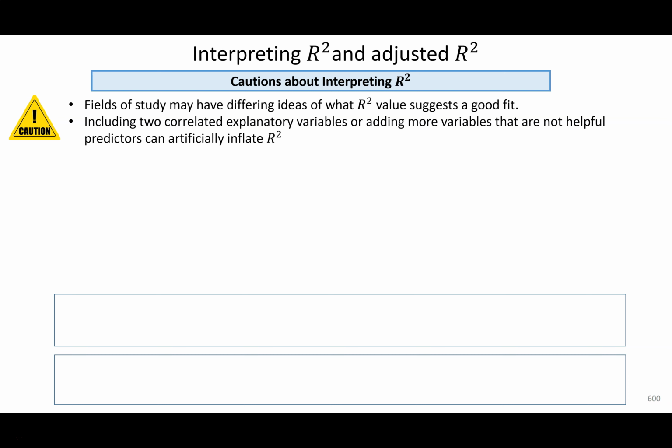So here, if you include 2 explanatory variables that are related to one another, it can inflate the R-squared. Definitely it's problematic because if you just add explanatory variables to the model, it can force your R-squared higher and higher.